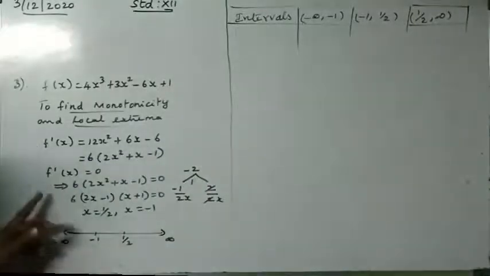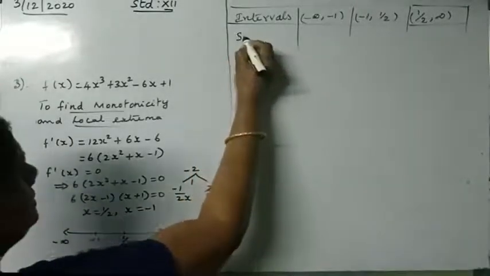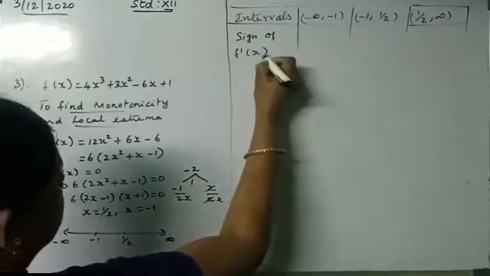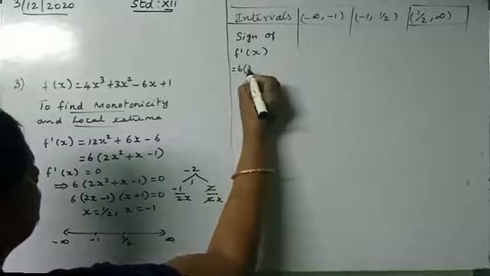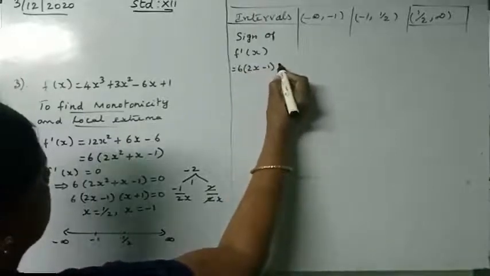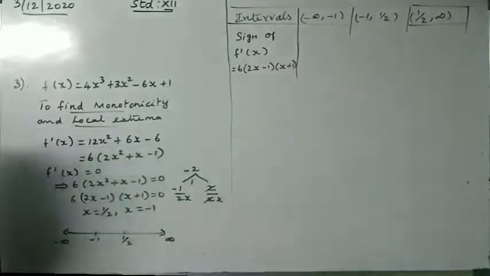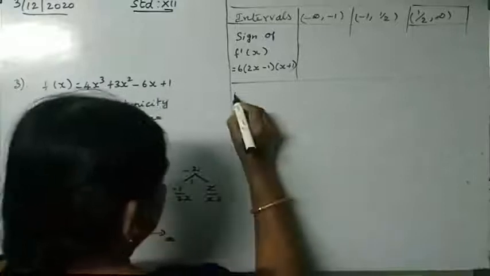Now we want to check whether f dash of x is positive or negative, so we want to check the sign of f dash of x, which is equal to 6 into 2x minus 1 into x plus 1.